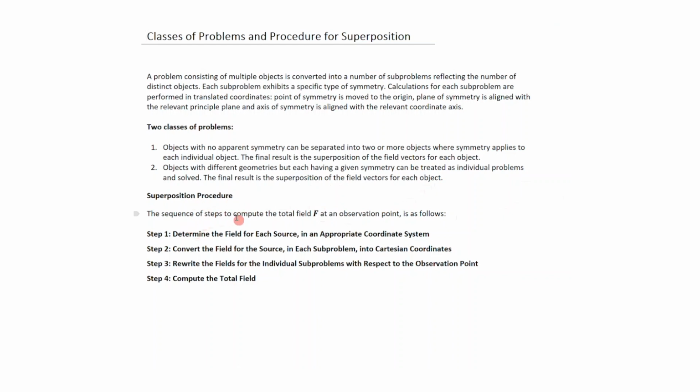Well, the sequence of steps to compute the total field at a particular point is as follows. The first step is to determine the field for each source in an appropriate coordinate system. The second step is to convert the field for the source in each subproblem into Cartesian coordinates. The third step is to rewrite the fields for the individual subproblems with respect to the observation point. And the fourth step is to compute the total field.